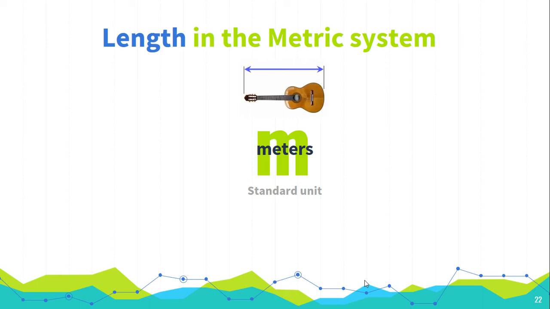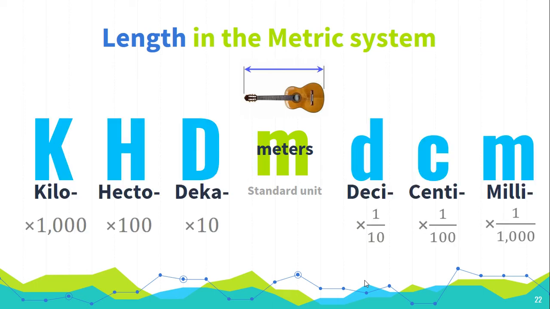All right. And in the metric system, again, we use the kilo, hecta, deca, standard unit of measurement, which is meters in length. Then we have deci, centi, and milli. So within meters, it would take 1,000 meters to make 1 kilometer. It would take 100 meters to make 1 hectometer.